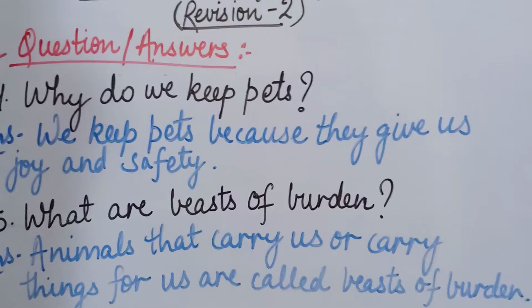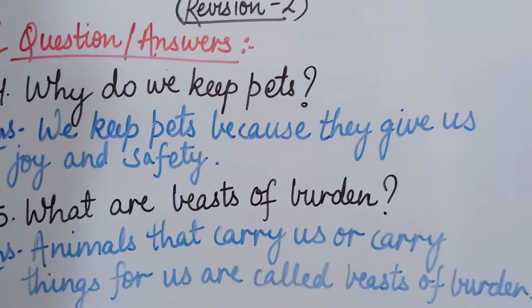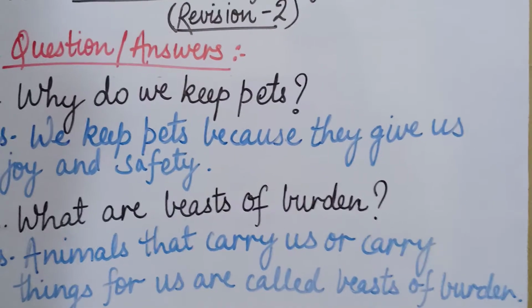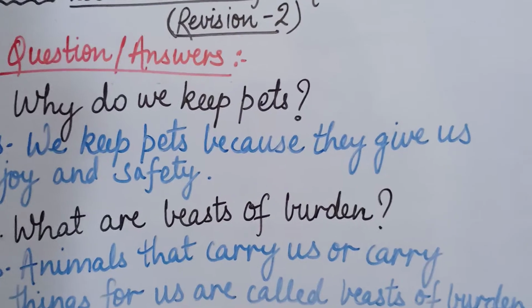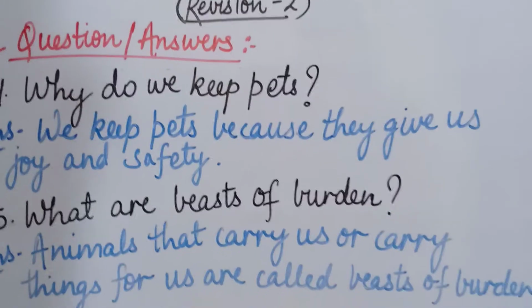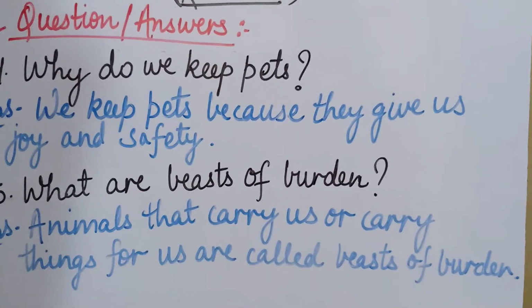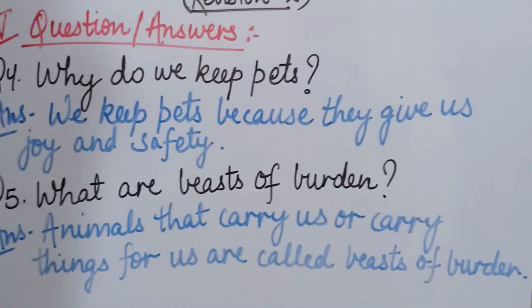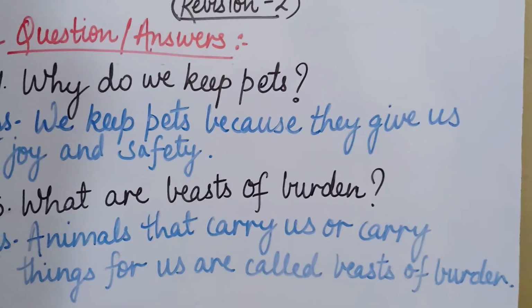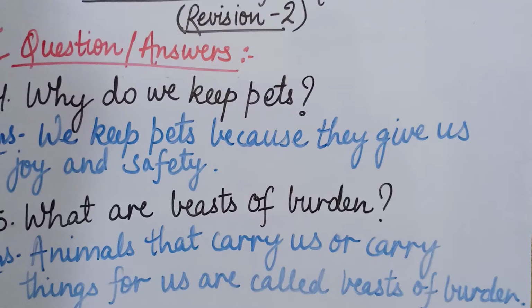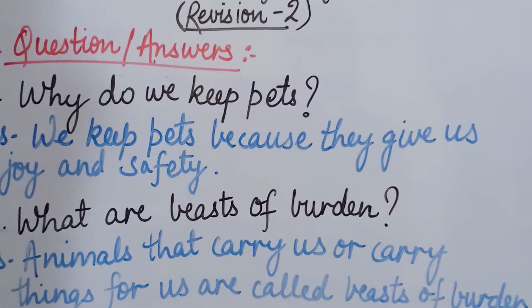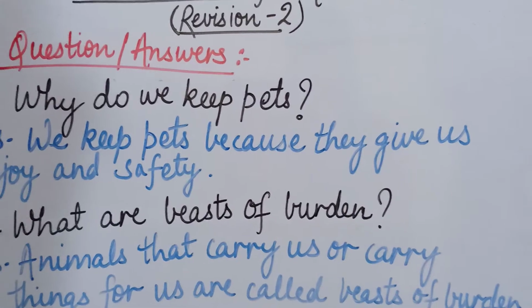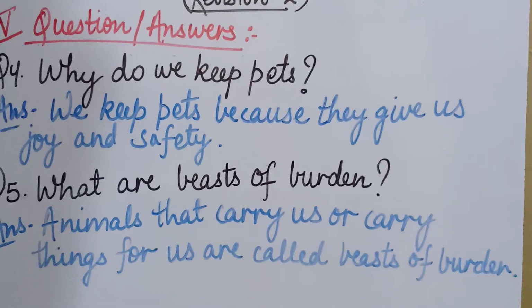So your copies should be properly maintained, they should be covered, they should have the work, in that copies your work should be all complete, and your work should be very neat and clean without any mistakes. Okay, so get your copies corrected, and as you know, the copy correction time for you all is from 10 a.m. to 1 p.m. from Monday to Saturday. Okay, you can come to school and get your copies corrected.